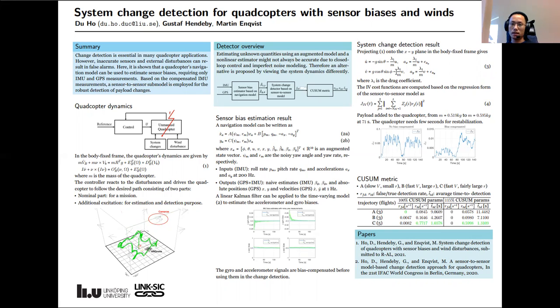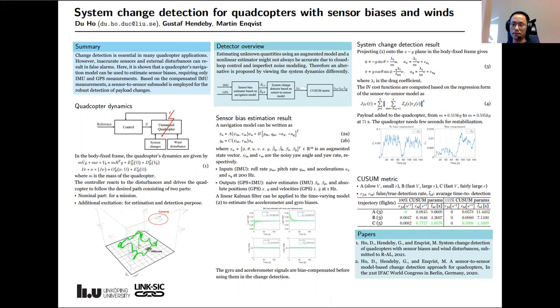Unfortunately, we show in this work that the extended Kalman filter doesn't work really well, mainly because of the closed loop effects and imperfect noise modeling. So to overcome this limitation, we propose a two-step approach, where we first estimate the sensor bias, and secondly, we detect a system change.